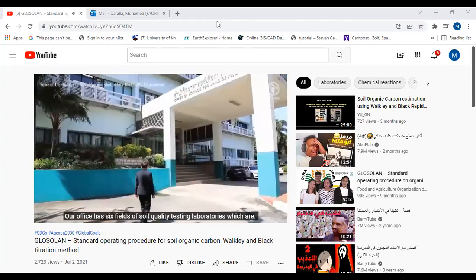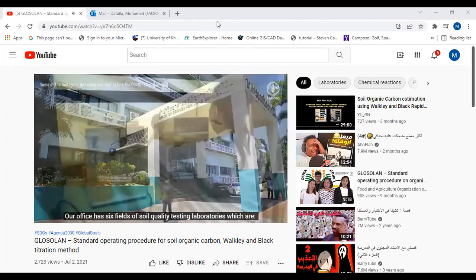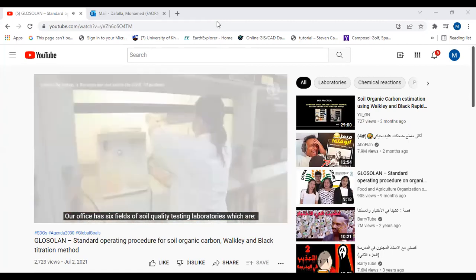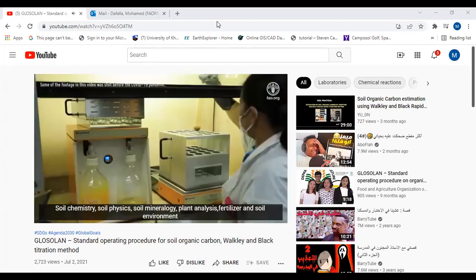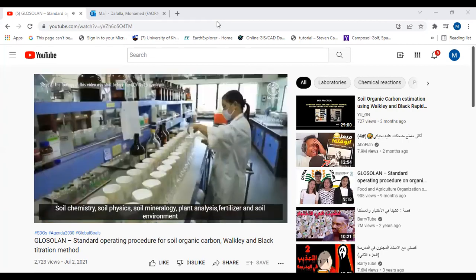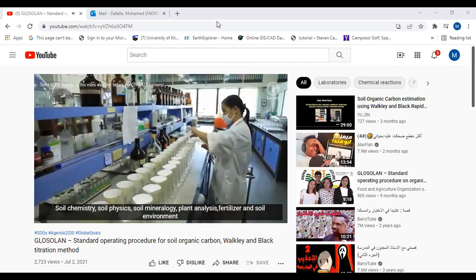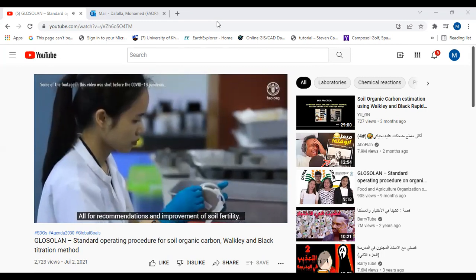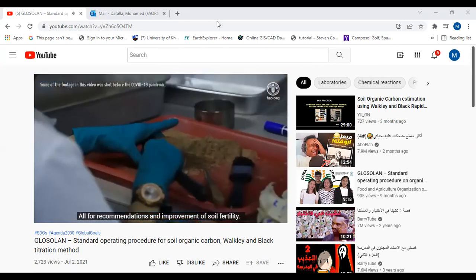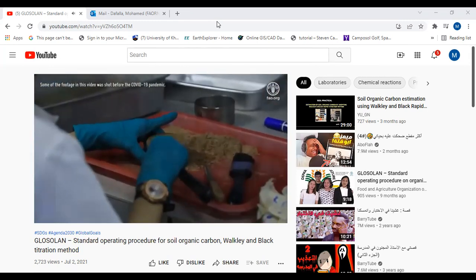Our office has 6 fields of soil quality testing laboratories, which are soil chemistry, soil physics, soil mineralogy, plant analysis, fertilizer, and soil environment, all for recommendations and improvement of soil fertility.